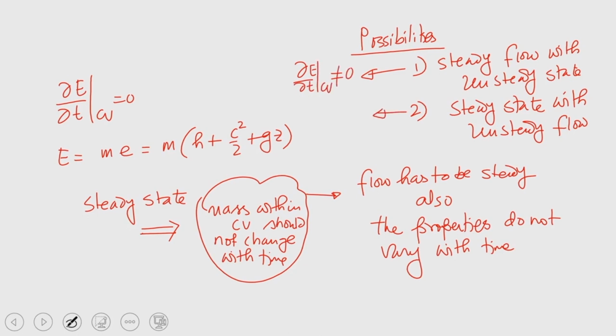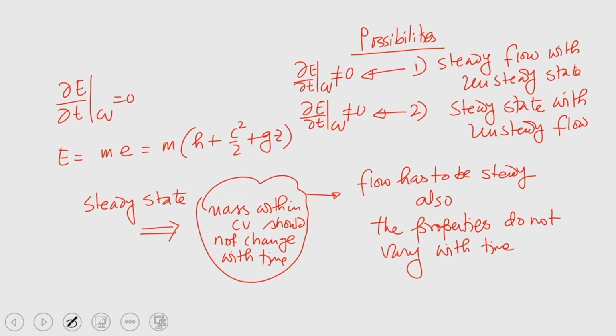For this case also dE/dt CV is not equal to 0, because state is steady but flow is unsteady. So, maybe this quantity is not changing with time, but mass will change with time.